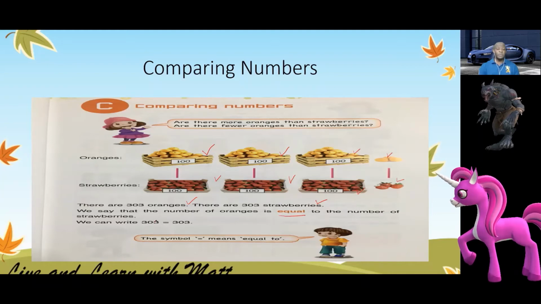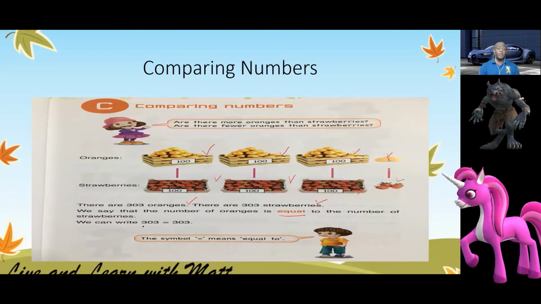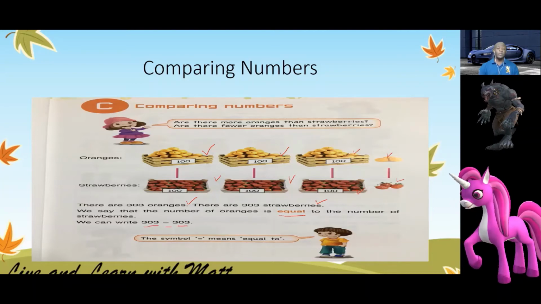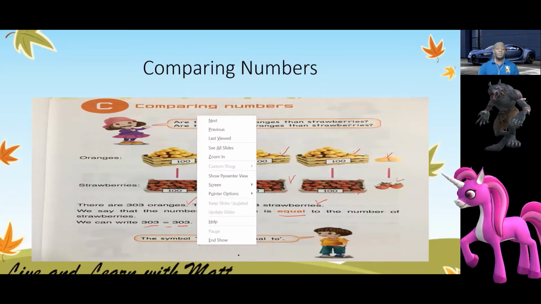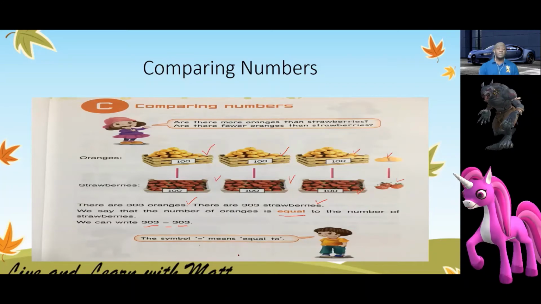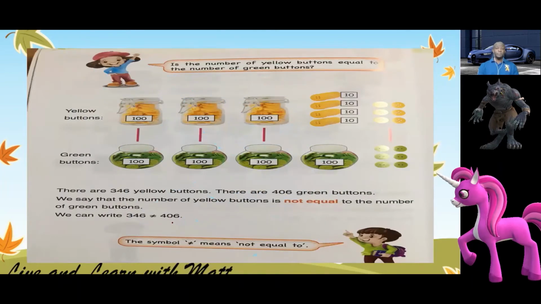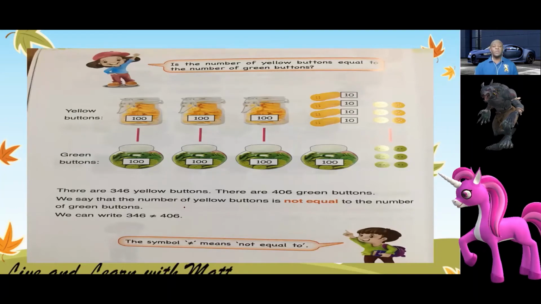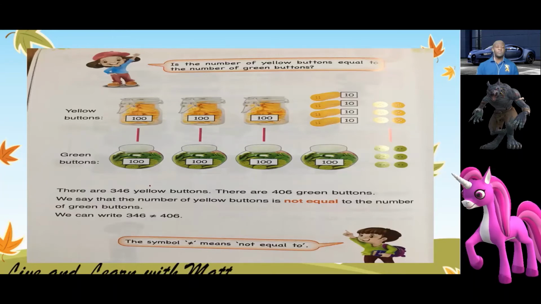We can write it in mathematical form as 303 is equal to 303. The sign equal means equal. Next. Is the number of yellow buttons equal to the number of green buttons?